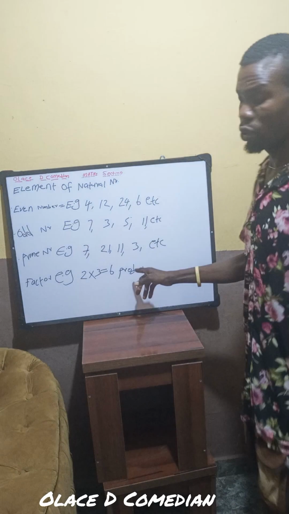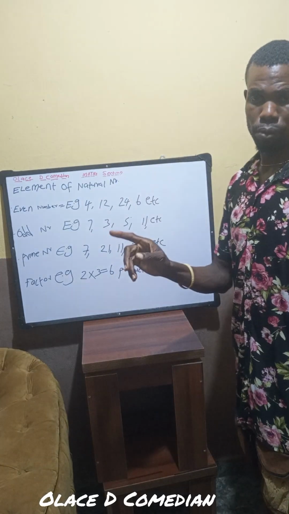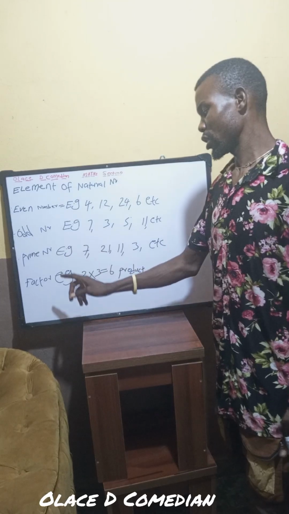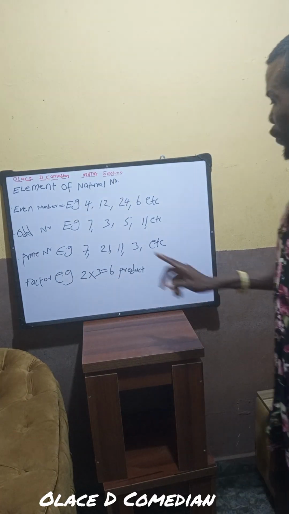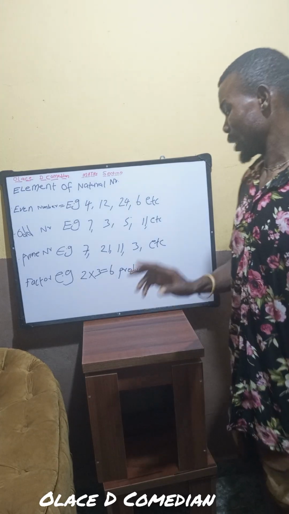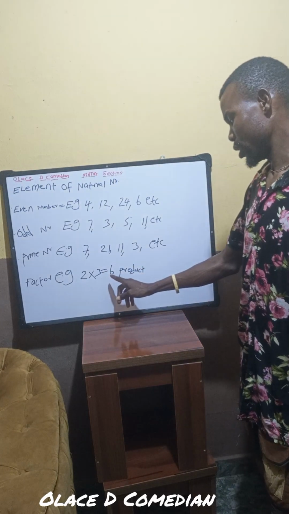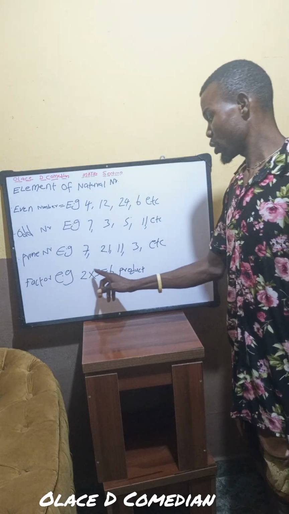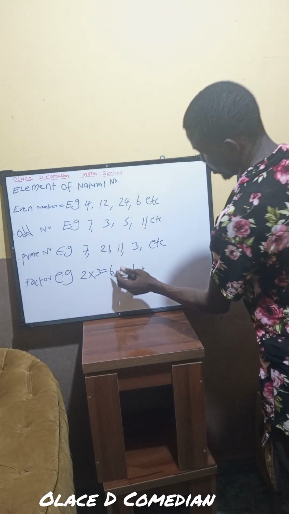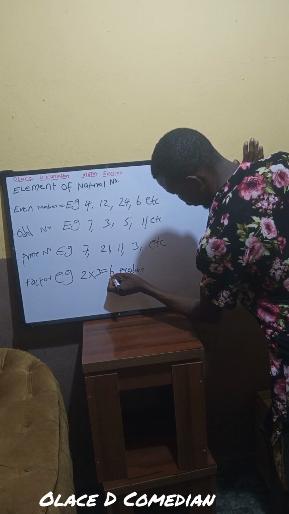That is why I told you that in a pot of soup, we have what we call ingredients. In mathematics, we call it a factor. What are the components of 6 here? It is 2 and 3. So the result which these 2 and 3 give us is called the product, which is 6.